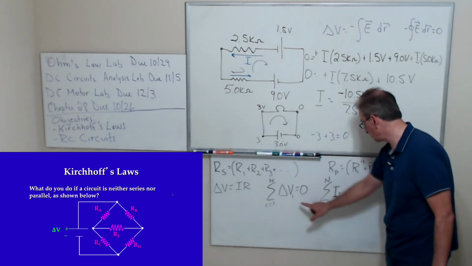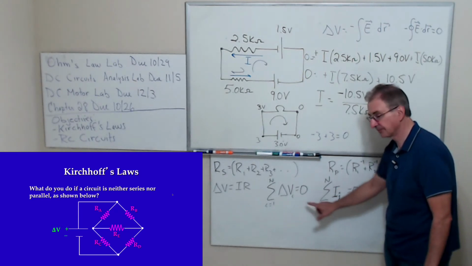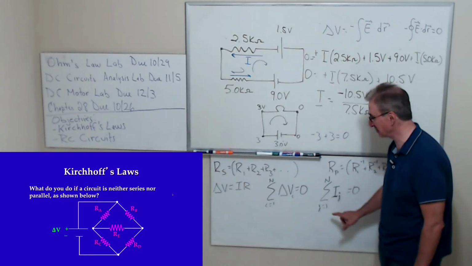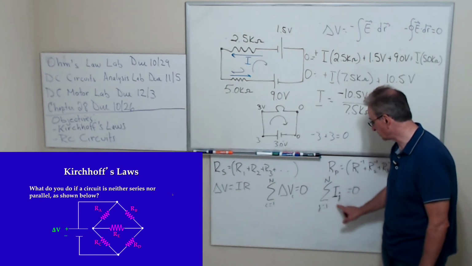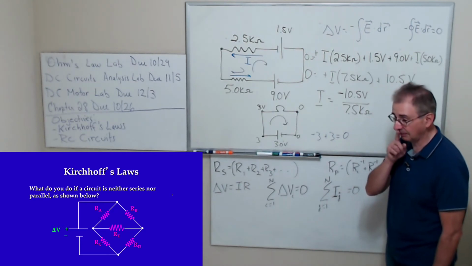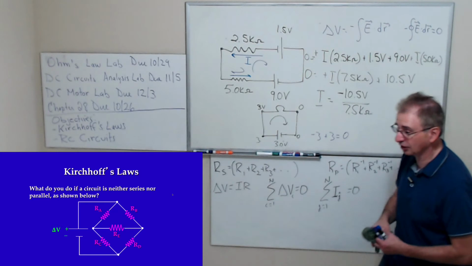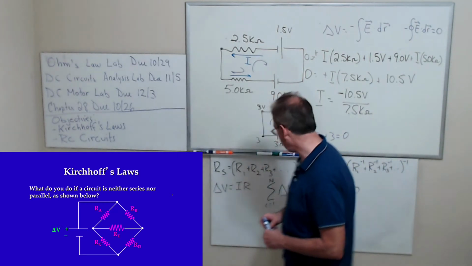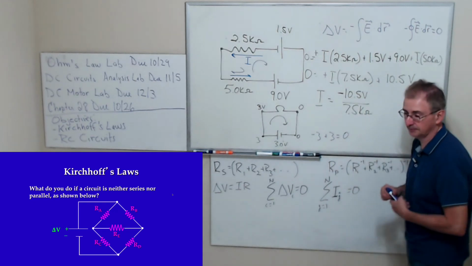You have to actually use these 2 rules. And I'm sorry if I use the word rule and law interchangeably. You have to use these 2 items to solve that particular problem, and you're able to find the current through each one of those resistors by applying just these 2 principles.